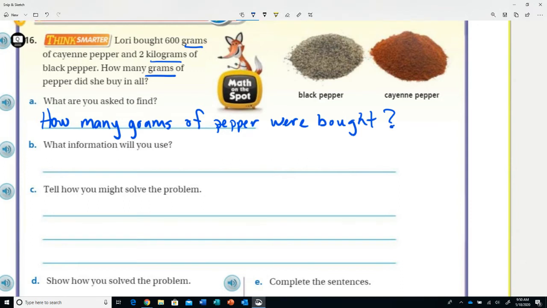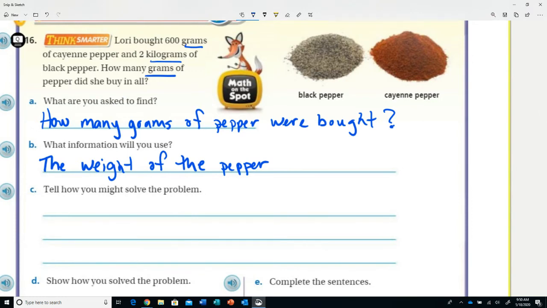What information will we use? We're going to use the weight of the pepper. Tell how you might solve this problem.